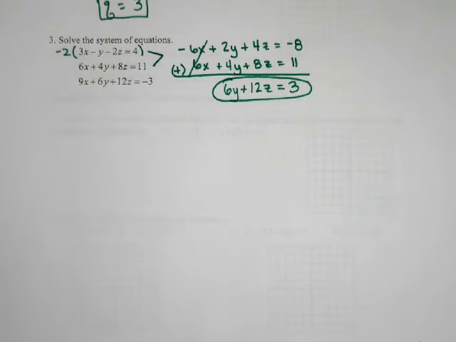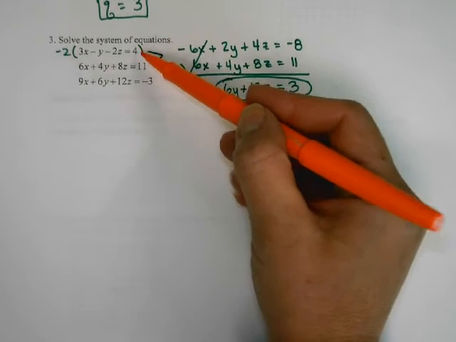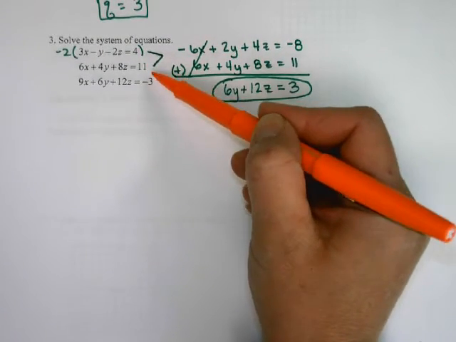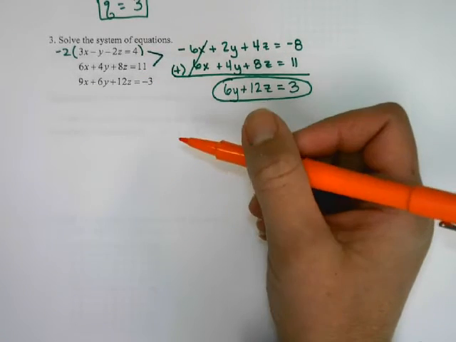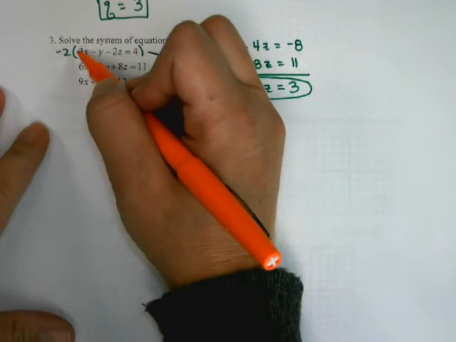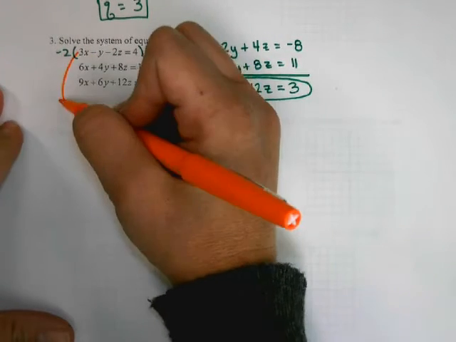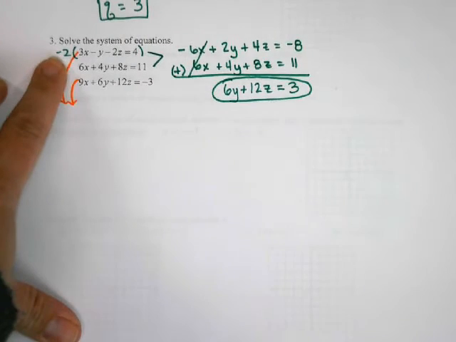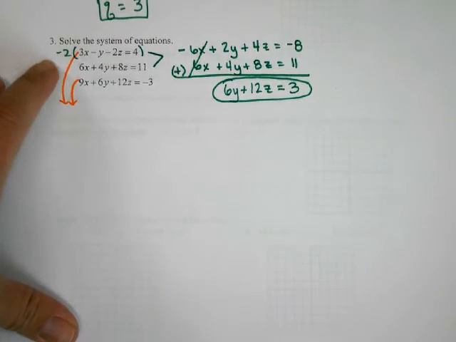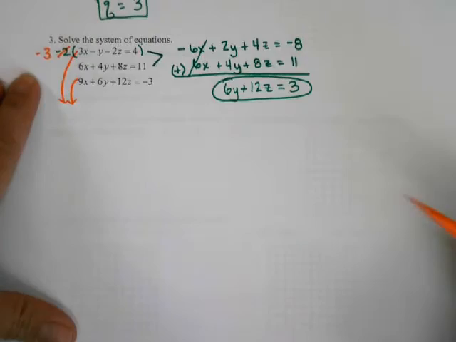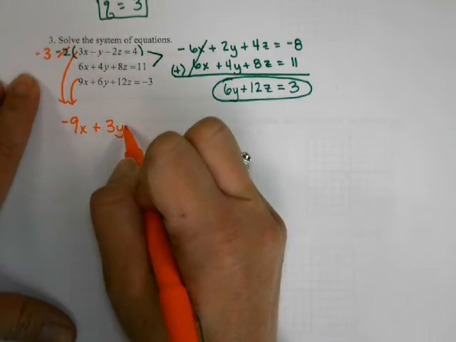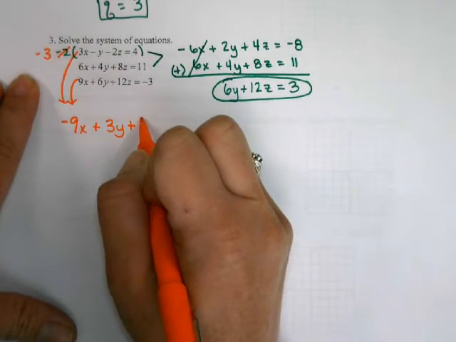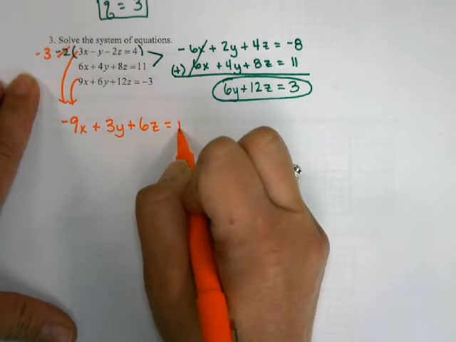Okay, now, it's up to you which two other equations you use. We could do the top one and the bottom one, or we could do the bottom two. Let's do the top and the bottom. I agree, okay. When I do the top and the bottom, what do I need to multiply instead of negative 2 now? Negative 3. So I'm going to multiply now by negative 3. So I get negative 9x plus 3y plus 6z is equal to a negative 12.